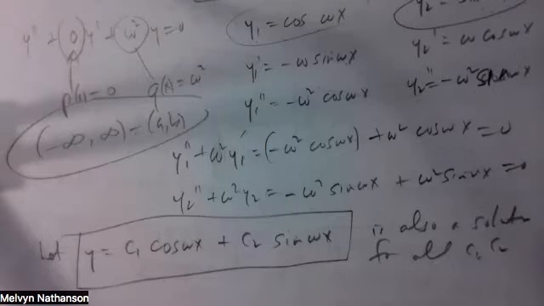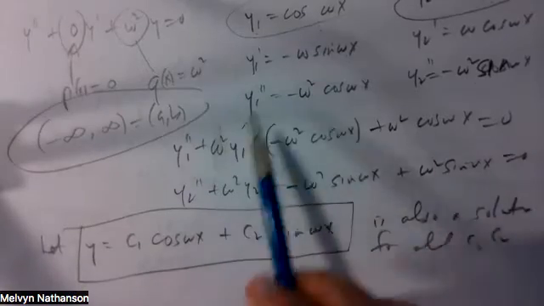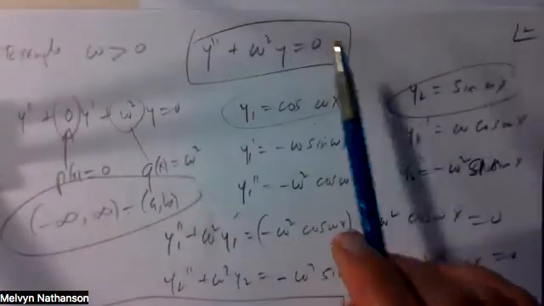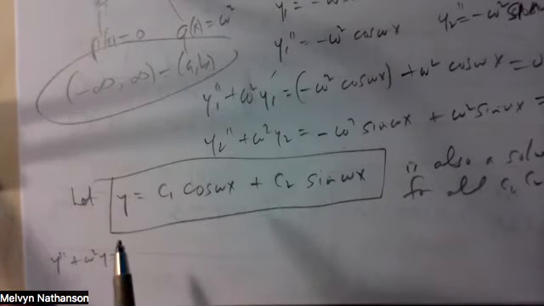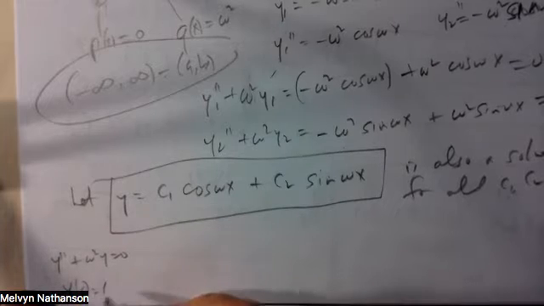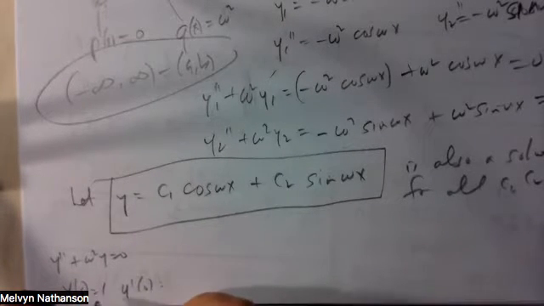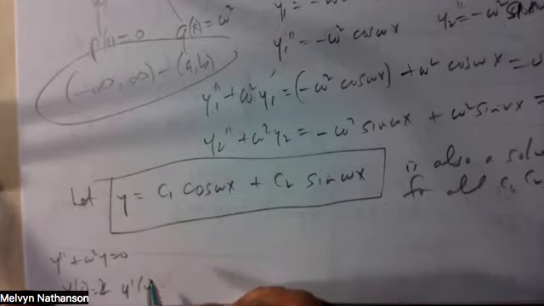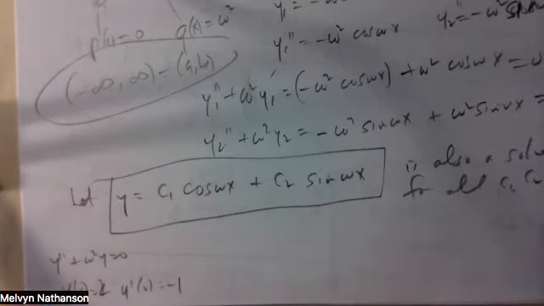Now, suppose we actually had an initial value problem. We wanted to find the solution of our differential equation, y double prime plus omega squared y equals 0, but satisfying the initial condition that y of 0 equals, I don't know, let me just change the number, say y of 0 equals 2 and y prime of 0 equals minus 1.